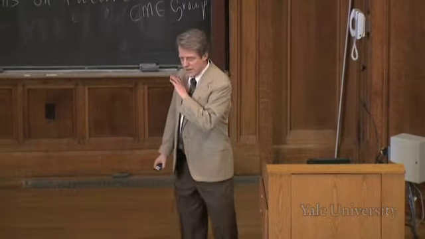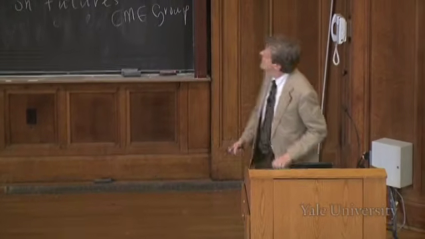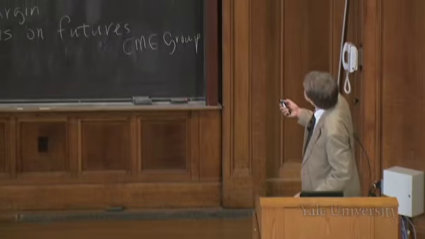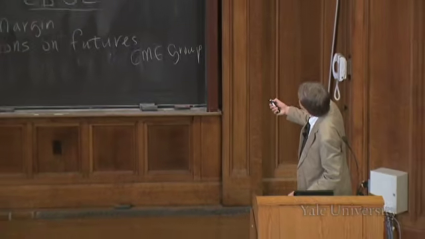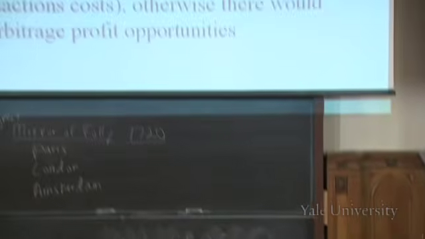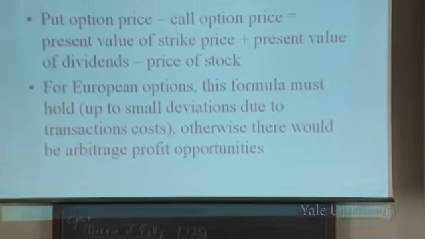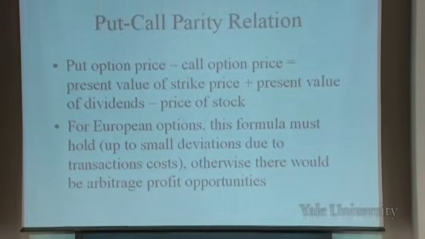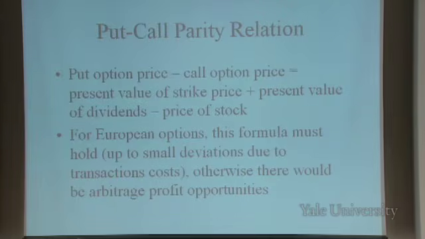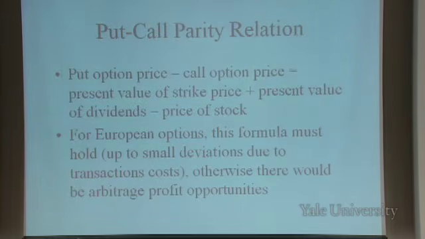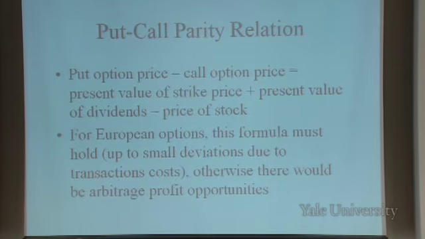You would go in and calculate the price of a call, and then calculate the put option price. We'll put this on the right-hand side of the equation. The put price would equal the call price plus the present value of the strike price plus the present value of dividends minus the price of the stock. So that makes it very easy. All we have to do is worry about calls.